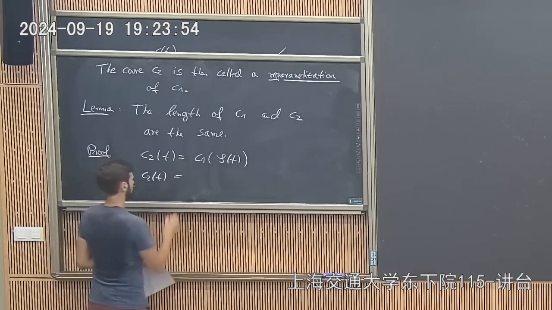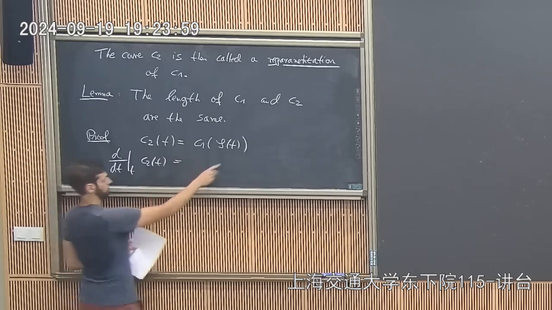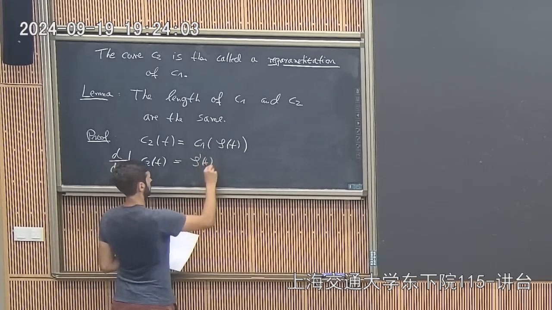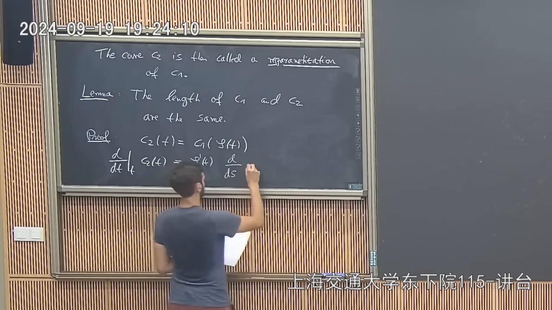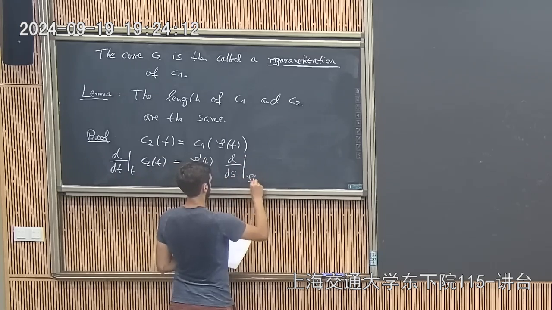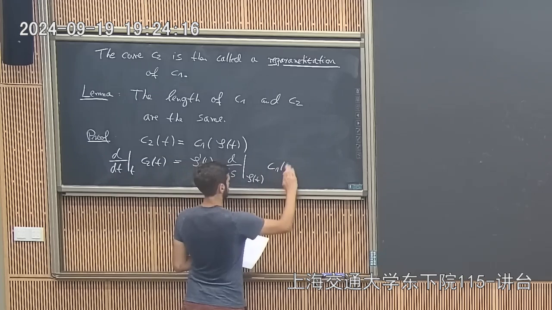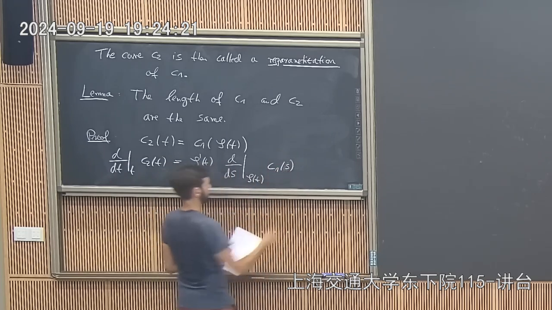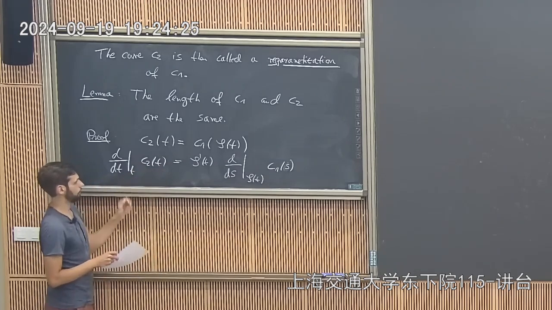I think everyone knows the chain rule. So we first take the derivative of phi, so it's phi prime of t, multiplied with the derivative at the point phi of t of C1. Let's say C1 had the parameter called s, and the parameter of curve 2 is t.